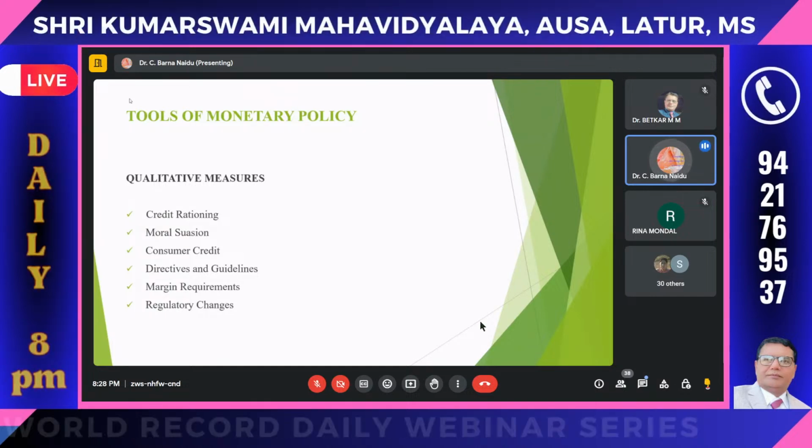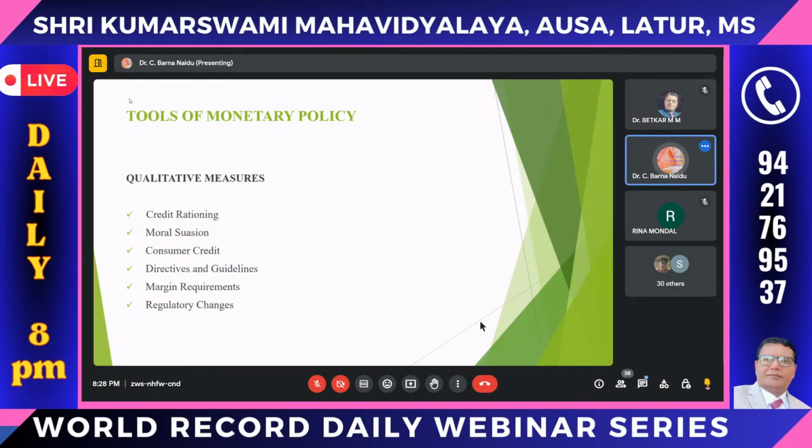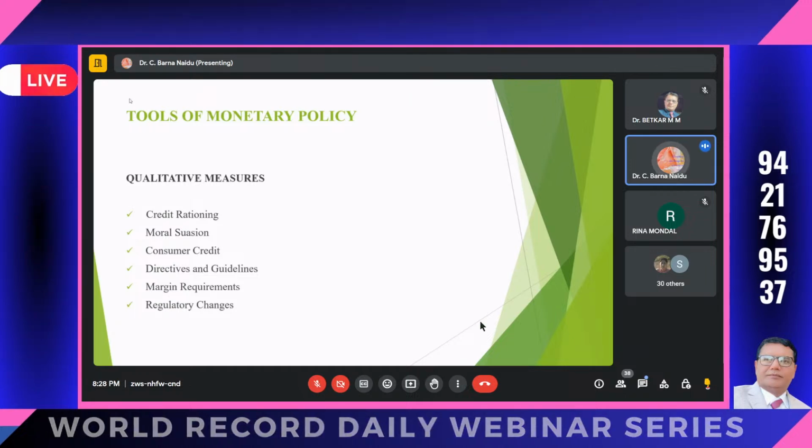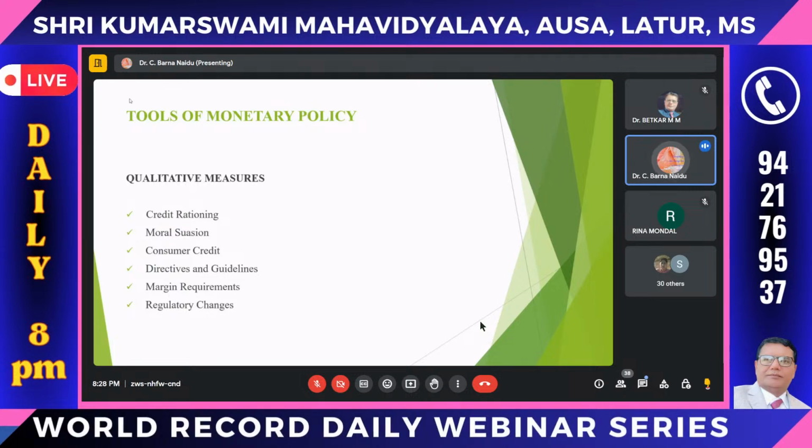It means we are able to create a boundary on each individual's credit-taking capacity. By controlling consumer credit practices, central banks seek to mitigate excessive borrowing that could lead to economic imbalances or financial crisis. So everyone has certain boundaries beyond which they are not able to get any more credit.